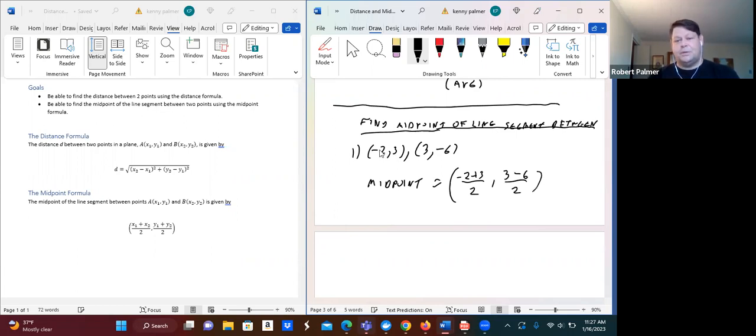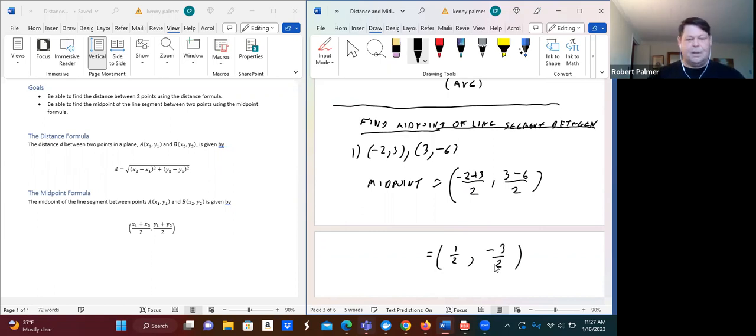Once again, -2 plus 3 over 2, averaging the x coordinates. Then 3 minus 6 over 2. And then if we just simplify that, that's going to be 1/2. And then the other coordinate is going to be -3 halves.